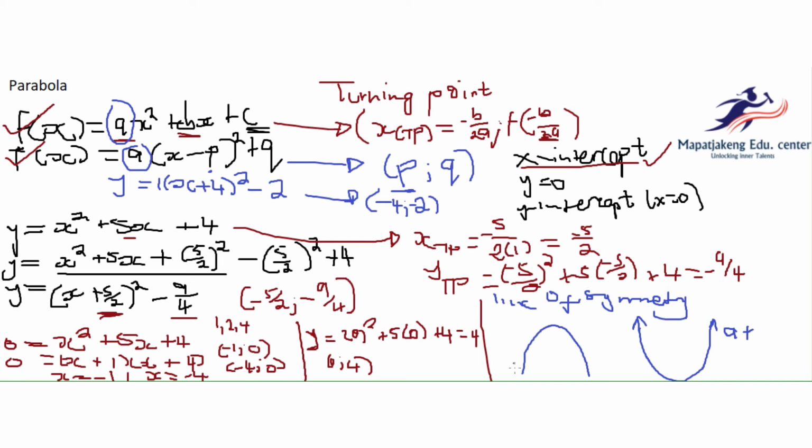But whenever it's sad, you see now it's pulling a sad mouth, you know that your a is negative. It's guided by the sign of this a, right? And then the line of symmetry simply means it's a line drawn from the turning point downwards. Remember, this is the turning point, what we have been calculating here and here, right? Yes, and as well here, the line that cuts us straight on the turning point.